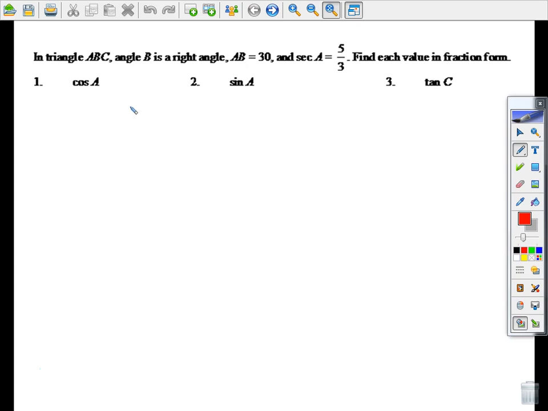So let's get started. In number 1, 2, and 3, we're dealing with this triangle called ABC. So let's just draw a triangle ABC, right triangle. And we're told that B is a right angle.